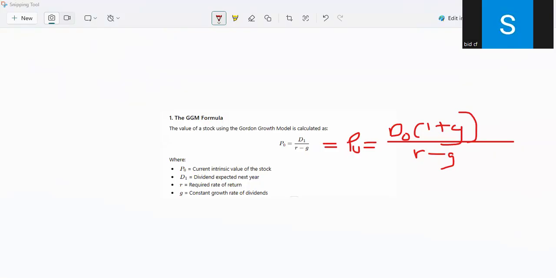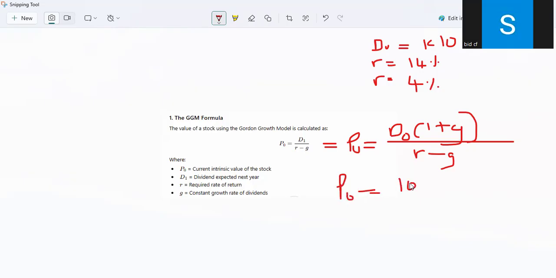So in an event where you're given D0, for instance, 10 kwacha, our required rate of return is 14%, and our growth rate is 4%. How do we calculate the intrinsic value using Gordon's model? So P0 is equal to what?